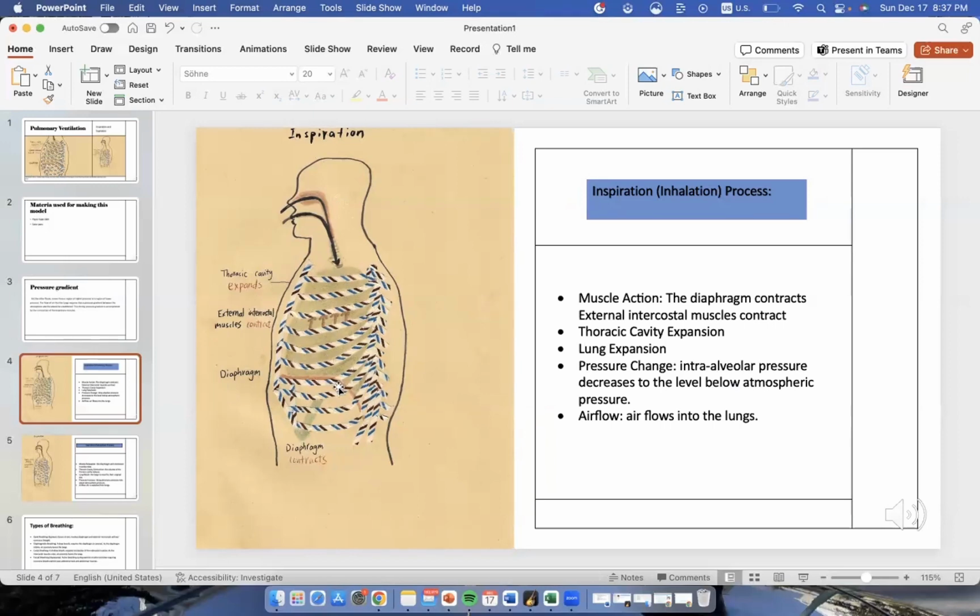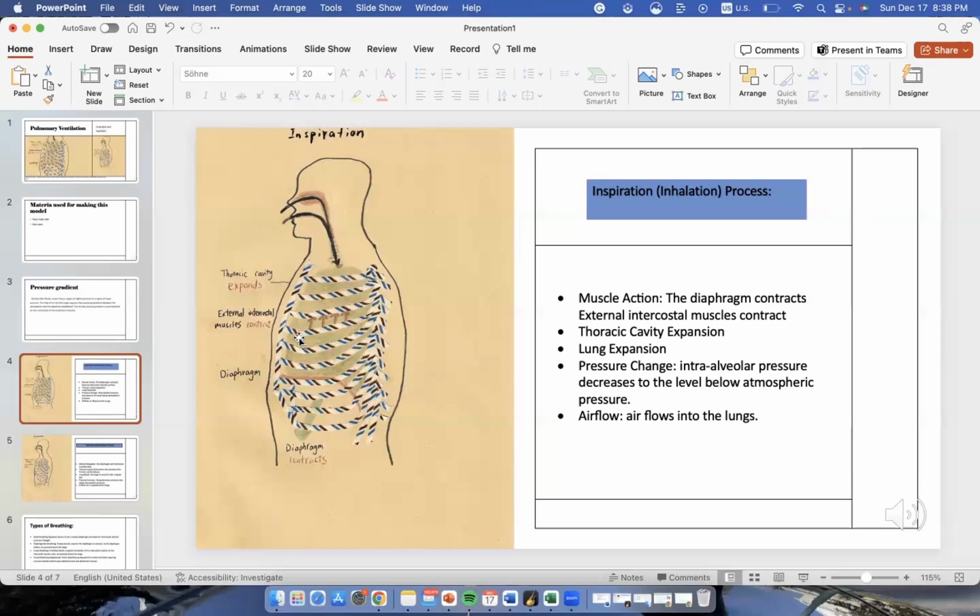The diaphragm contracts and moves downward toward the abdominal side, and the external intercostal muscles contract to lift the rib bones upward and outward. As a consequence, the thoracic cavity is expanded because of this muscle movement. And the lungs expand too due to the adhesive force of the pleural fluid between the lung and the thoracic cage.